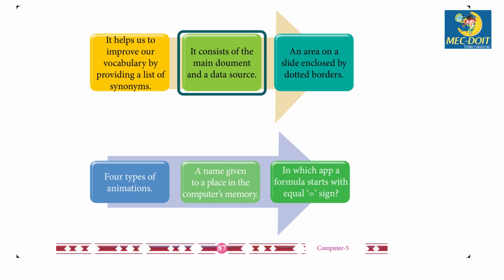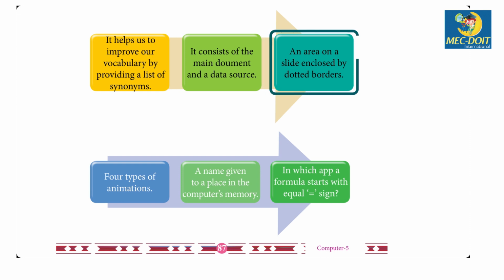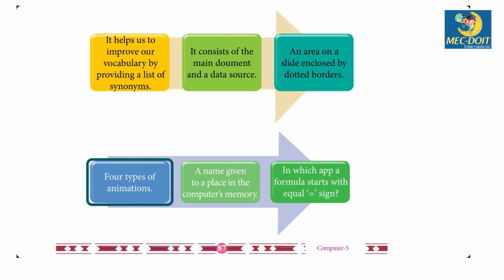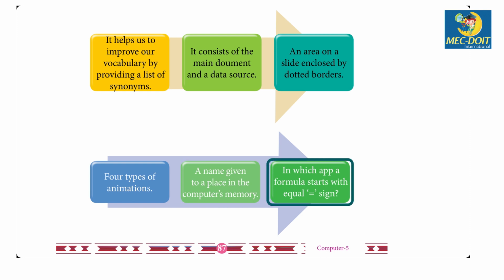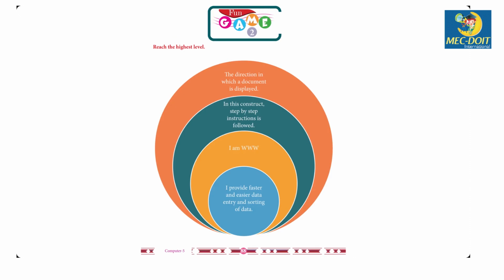It consists of the main document and the data source. An area on a slide enclosed by dotted borders. 4 types of animations. A name given to a place in the computer's memory. In which app does a formula start with an equal sign? Answer. Do it yourself.